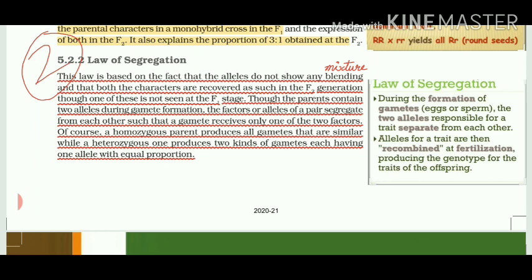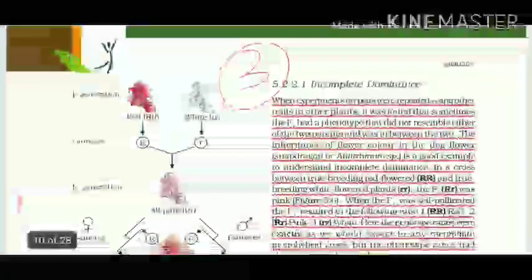But if the parent is capital T, small t, which kind of gametes are produced? One is capital T and the other is small t. So when a new kind of trait is formed from the parents, we call it either hybridization or recombination. It is a result of the segregation effect.